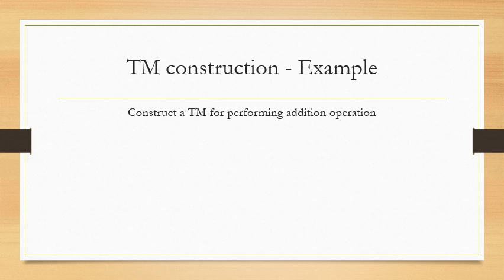The output should be 9 after performing 4 plus 5, and hence I should have 9 consecutive zeros as the output after reading the entire input.